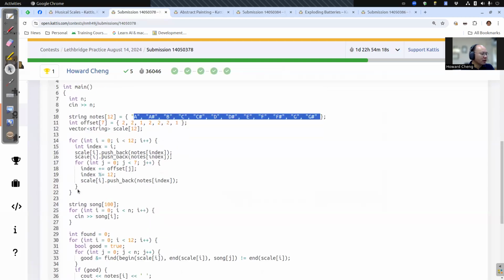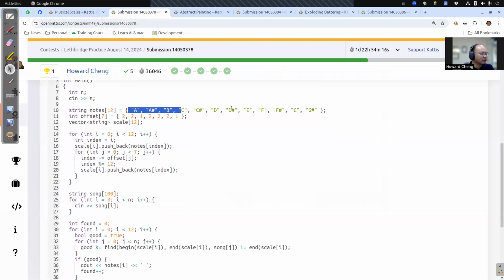Okay, so that's the first thing. I'm going to do a linear search. Don't worry about linear because it's only 12. It doesn't matter if it's linear or slow. So just find a way to convert the strings to a number.